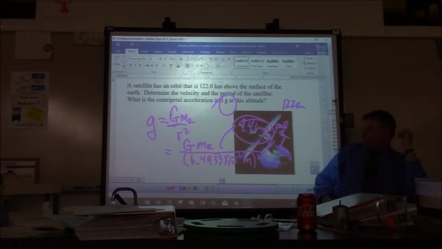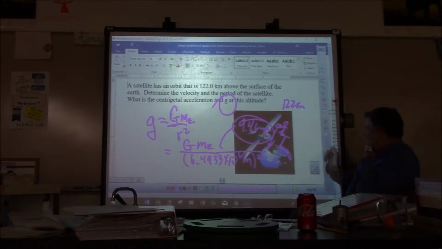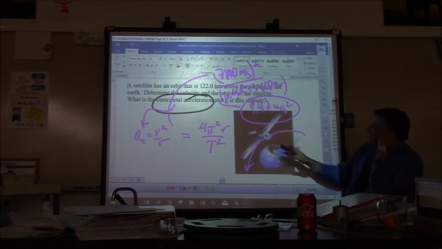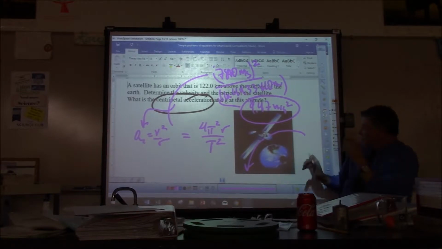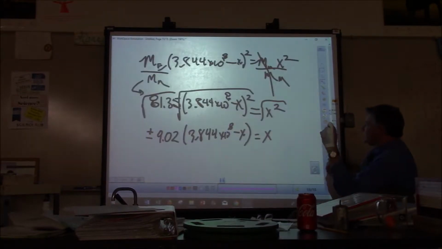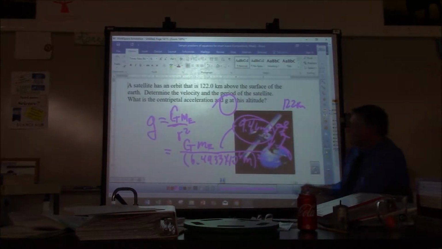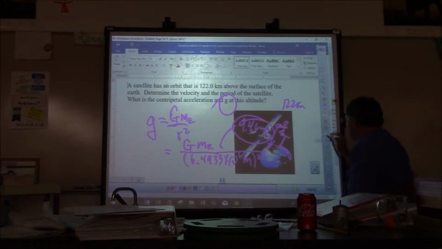Is it a coincidence that it's the exact same answer that we got when we calculated the centripetal acceleration? Absolutely not. Because what's creating the centripetal acceleration? Gravity is.